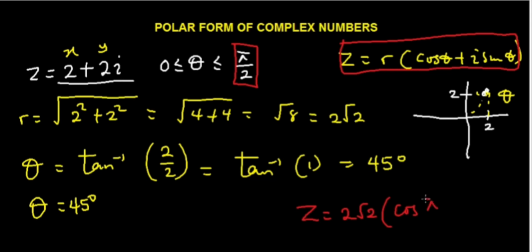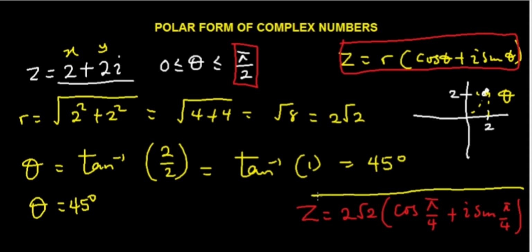So I have cos pi over 4 plus i sin pi over 4. So this will be our final answer for this one.